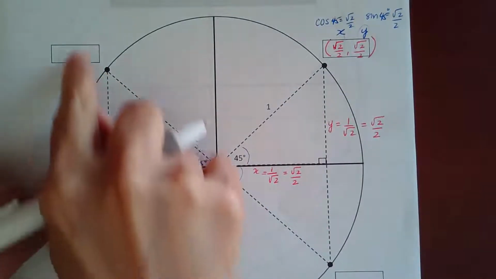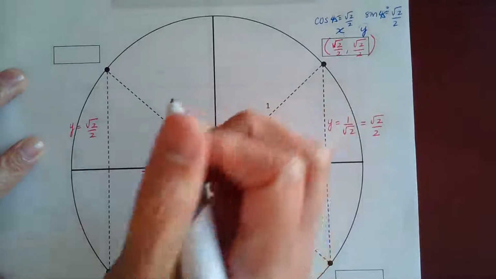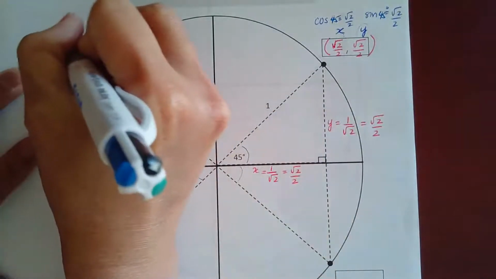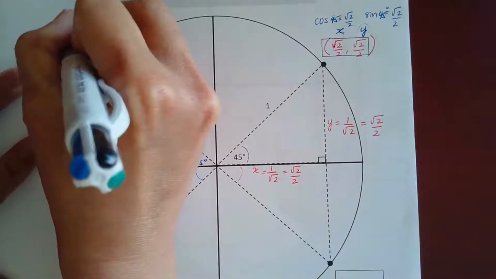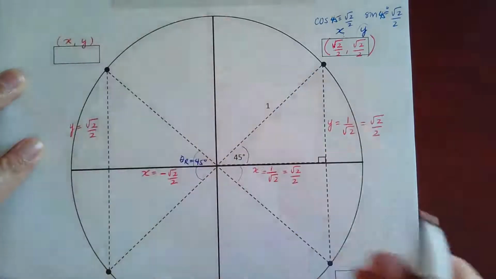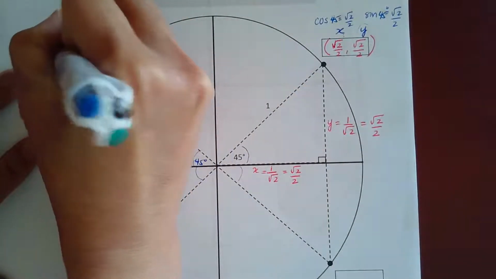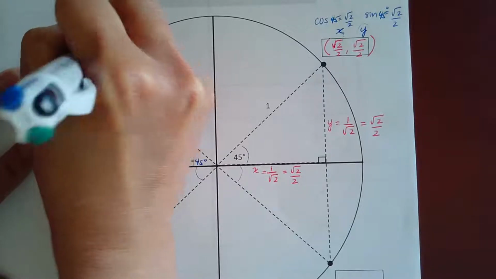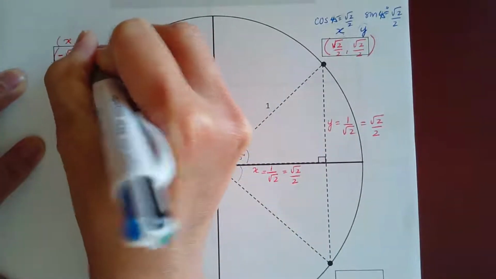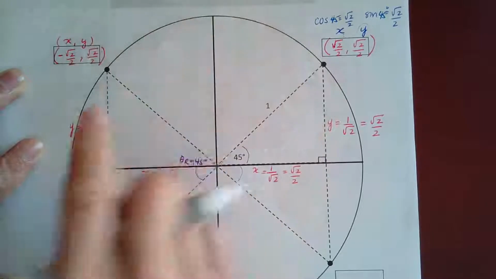So the point x, y is at negative root 2 over 2, comma, positive root 2 over 2.